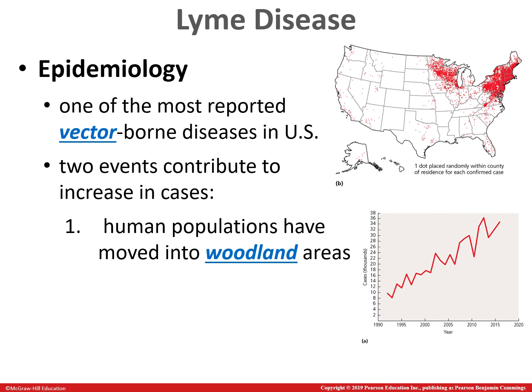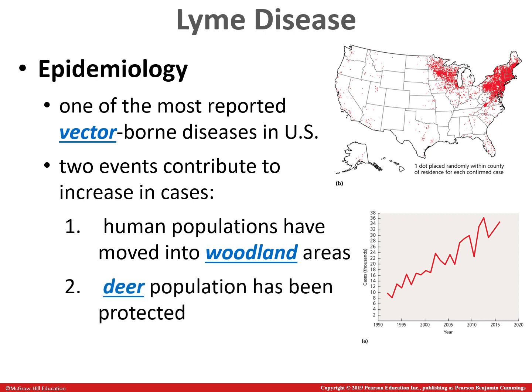Number one, more humans need more homes, and so we continuously are moving into more wooded areas and taking away their habitat. But also the fact that most people don't realize deer had been overhunted to the point where they were nearly extinct in this country before they put in hunting regulations.